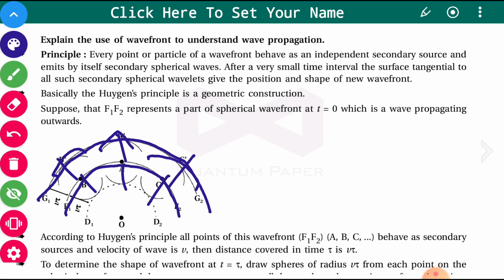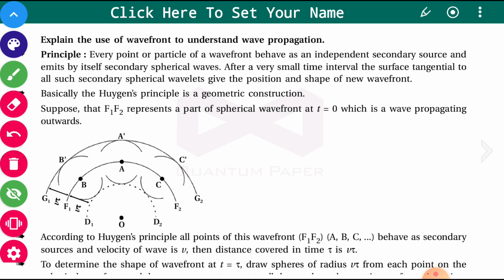After a very small time interval, the surface tangential to all such secondary spherical wavelets from the points where waves are produced gives the position and shape of the new wavefront. This is the basic principle. Say you have this particular wavefront and these particles will produce secondary waves.